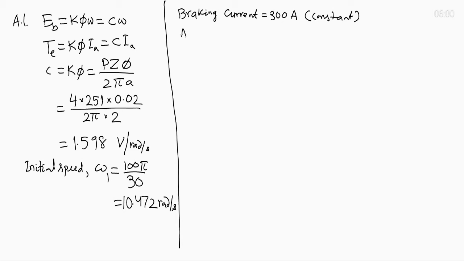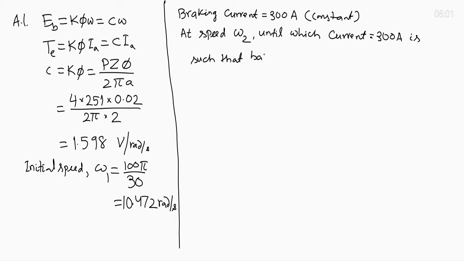Say at speed omega 2, until which the current equals 300 ampere, the back EMF EB2 at that speed is C into omega 2.